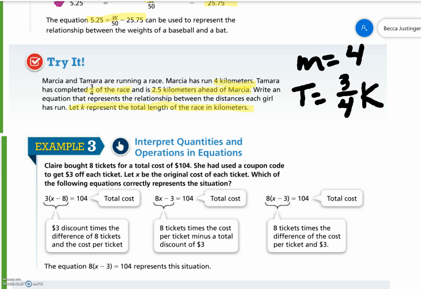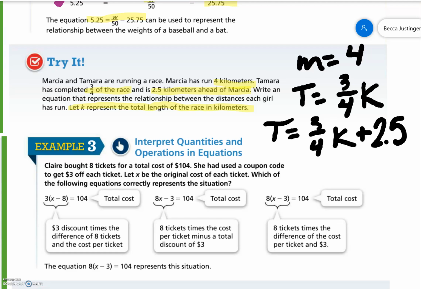So if we were to take Marcia's, we would know it was equal to, this is backwards. Tamara has finished 3/4 of the race and is 2.5 kilometers ahead of Marcia.